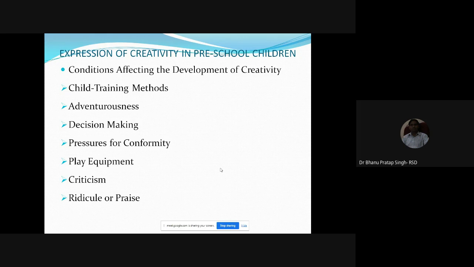Although it is a kind of negative motivation, if a child has the quality of more creativeness, but sometimes because of many reasons he or she is criticized by their peer group, then he may do good creative work. Reward and punishment both are important for teaching learning. So that's why ridicule and praise are also important for the development of creativity.